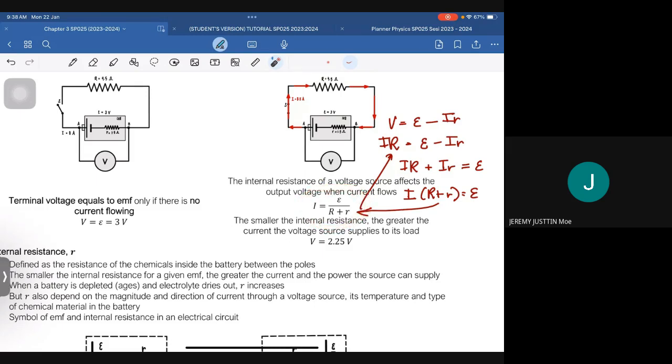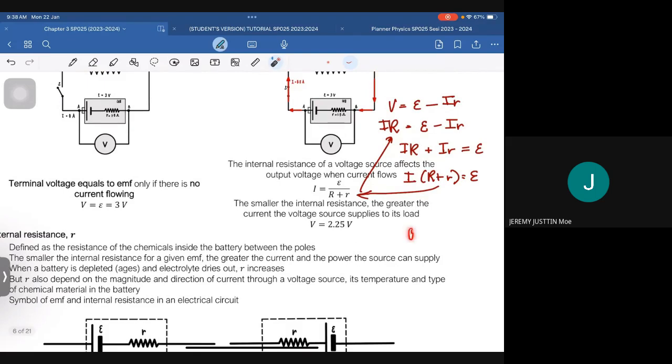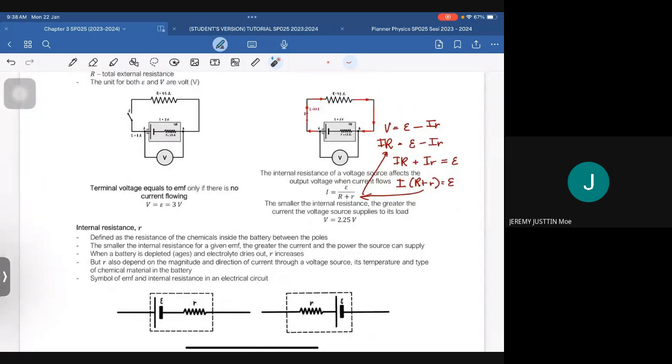Okay, so sekarang ni, if the internal resistance is small, the current flow, the voltage, which is the terminal voltage ni, akan lebih besar lah. So kiranya kalau internal resistance rendah, voltage akan lagi higher. Macam tu je lah terminal voltage dia. Right, setakat ni okay ke? Bahagian explanation equation ni. Alright.